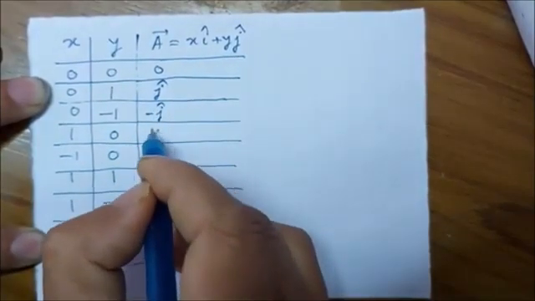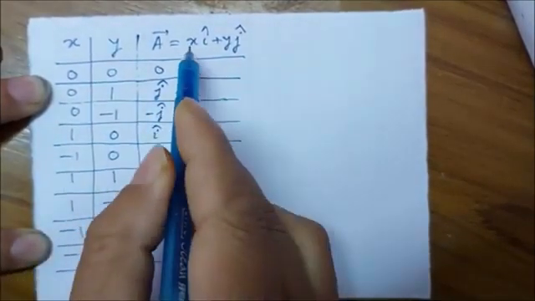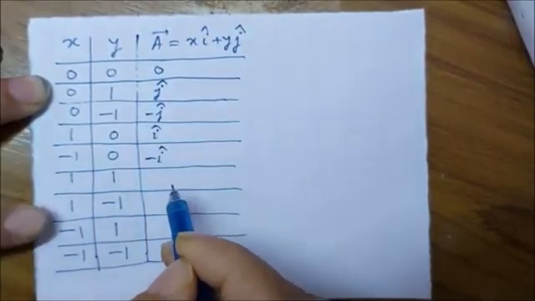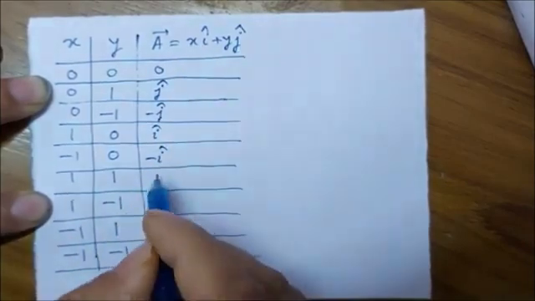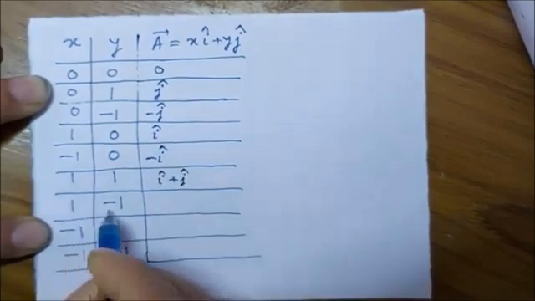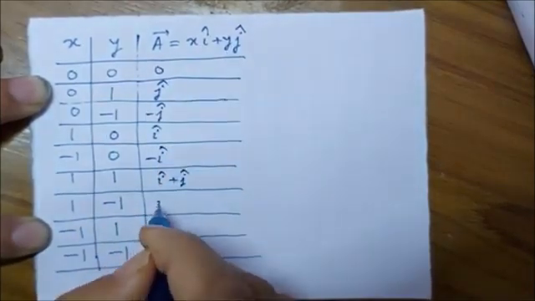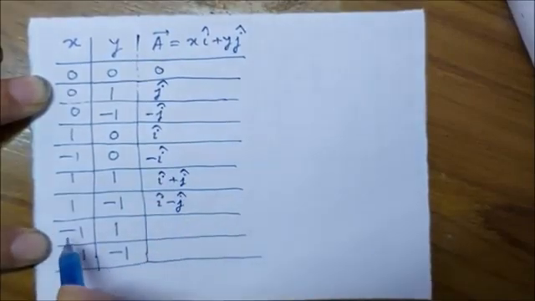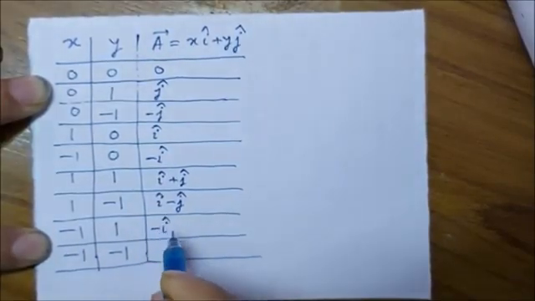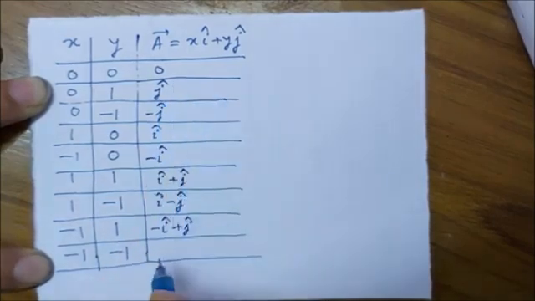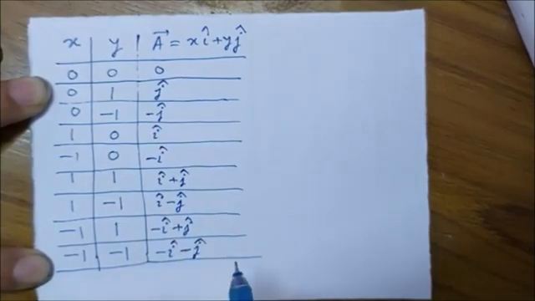Here we'll have i cap, and here minus 1, so we'll have minus i cap. 1 and 1, so i cap plus j cap. 1, minus 1, so i cap minus j cap. Minus 1, 1, so it is minus i cap plus j cap. And finally both minus means minus i cap minus j cap.